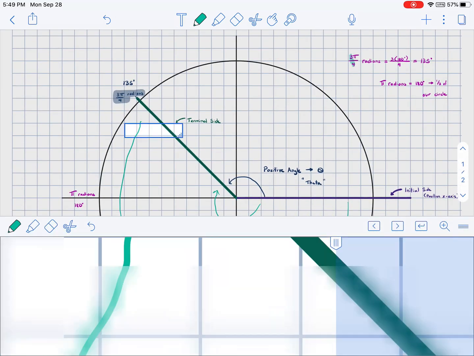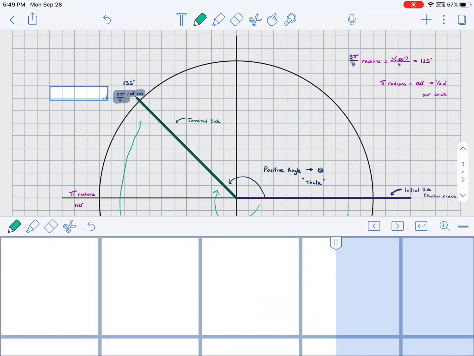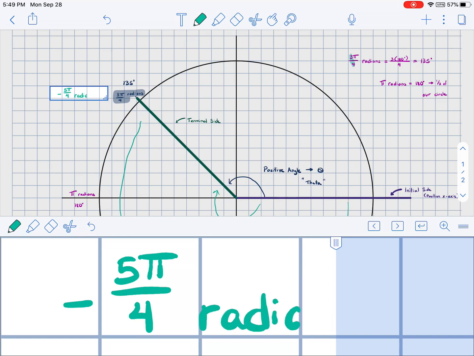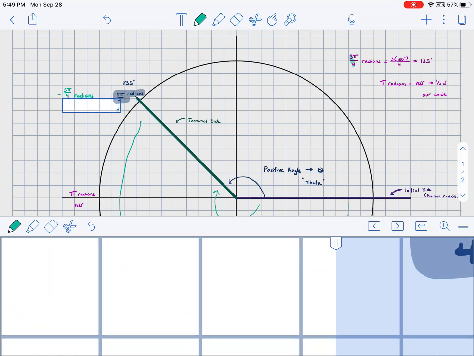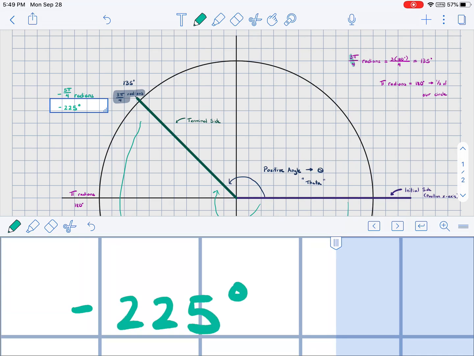So in this case, if I wanted to name this angle differently, I could name it as negative 5 pi over 4 radians, otherwise known as negative 225 degrees.